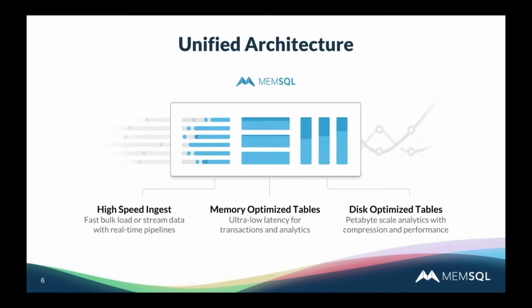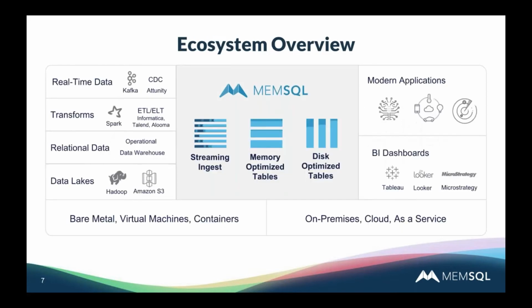And we also have memory optimized tables. These are in-memory row store oriented tables for extremely low latency transactions, as well as analytics on smaller quantities of data. And we support disk optimized tables, which are column stores that can support tremendous scale, petabyte scale analytics with compression and performance.